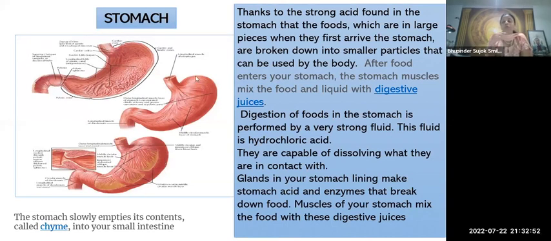Digestion of food in the stomach is performed by a very strong fluid, hydrochloric acid, which is capable of dissolving what it is in contact with. Glands in your stomach lining make stomach acid and enzymes that break down food. The muscles of your stomach mix the food with these digestive juices.